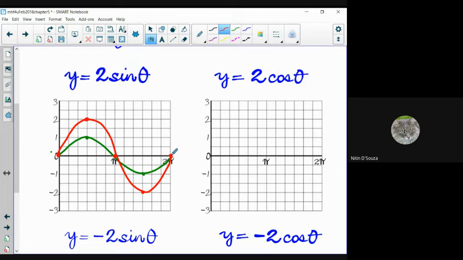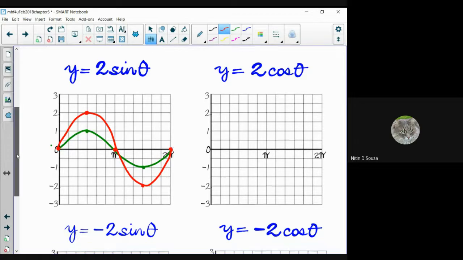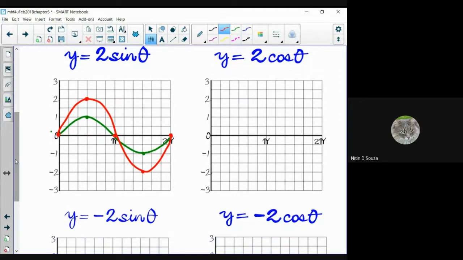Instead of the 2, try to visualize what would happen if you have the -2. I'm going to cheat using this graph.